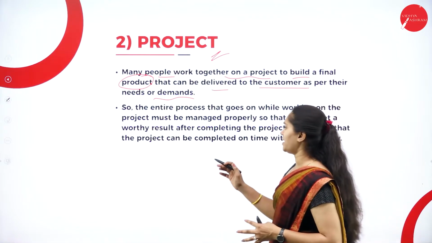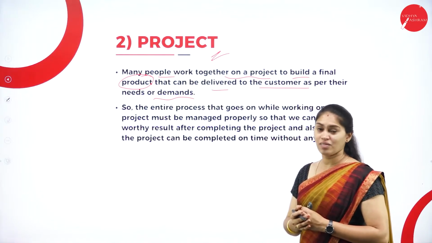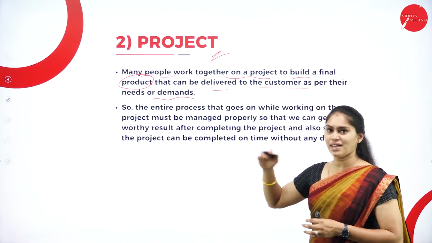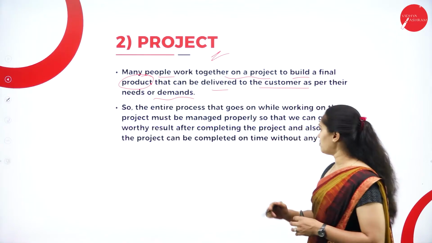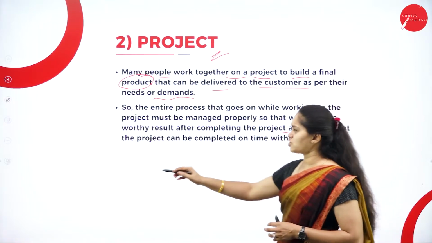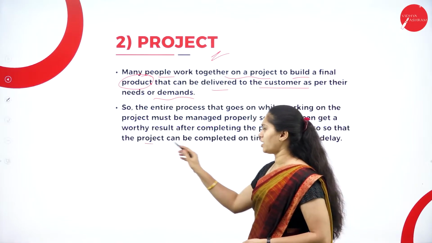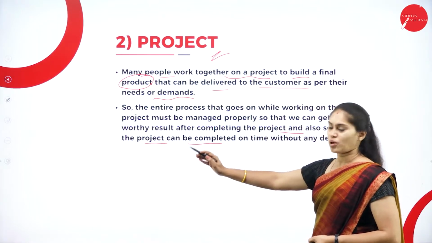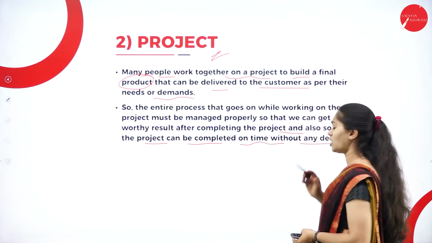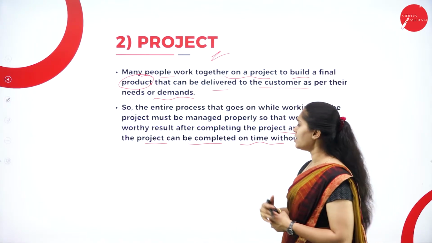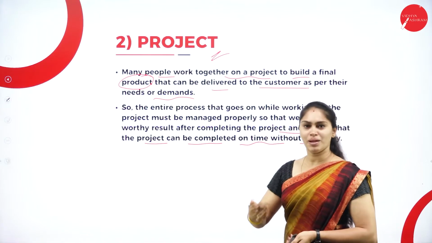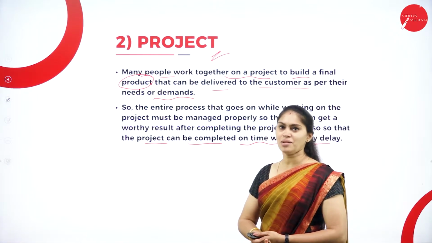So the management of that project is very important. It needs to complete all results within the given time and reach the customer without any delay. The project can be completed on time only when there is communication between the number of people responsible for the project.